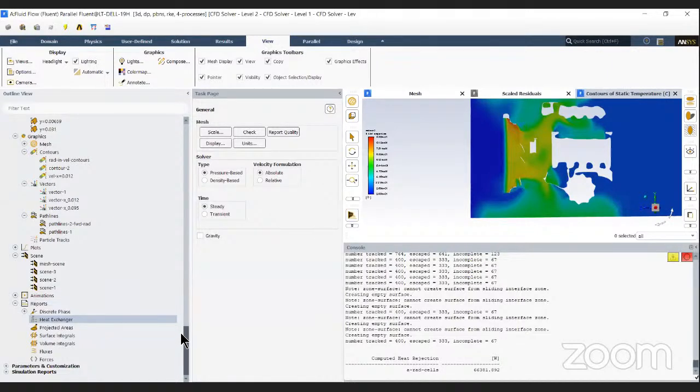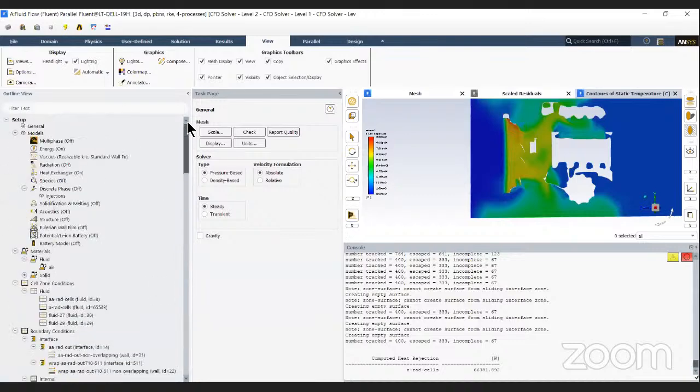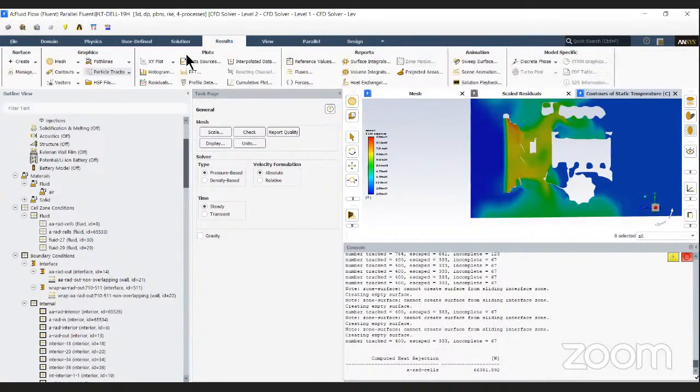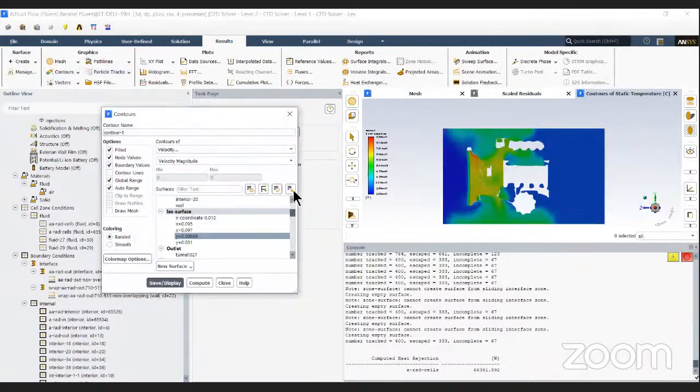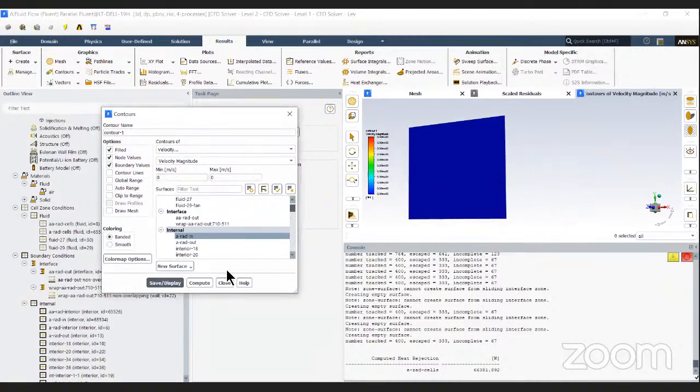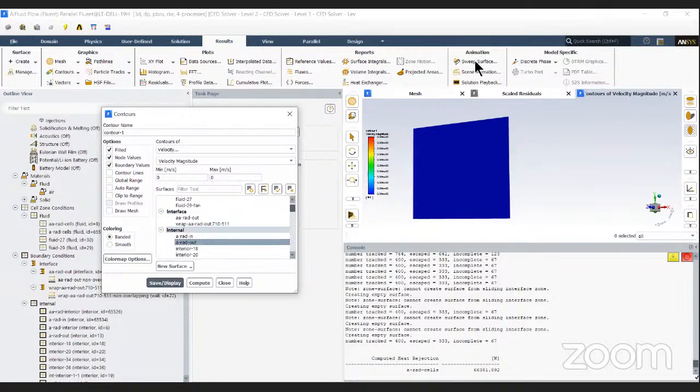The other thing that I wanted to show you guys is the flow uniformity on the radiator surface. So for example, if I go to the velocity magnitude, give me 1 second.